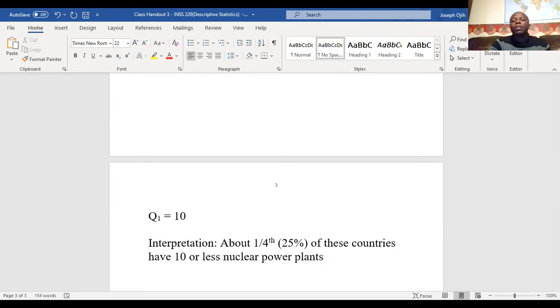Okay, so that is the correct interpretation for this. So about 1/4 or 25% of these countries have 10 or less nuclear power plants.